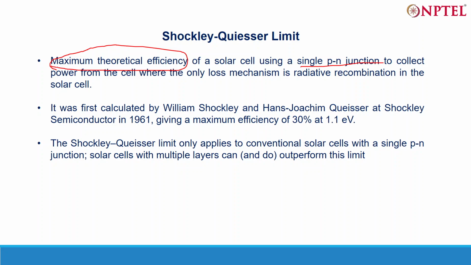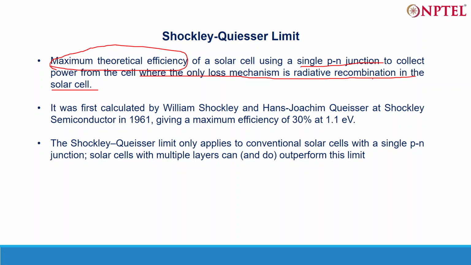It is basically defined by the Shockley-Queisser limit to collect power from the cell where the only loss mechanism is radiative recombination in the solar cell. So only radiative losses are considered. Then whatever power we can get from a solar cell is the maximum theoretical efficiency.